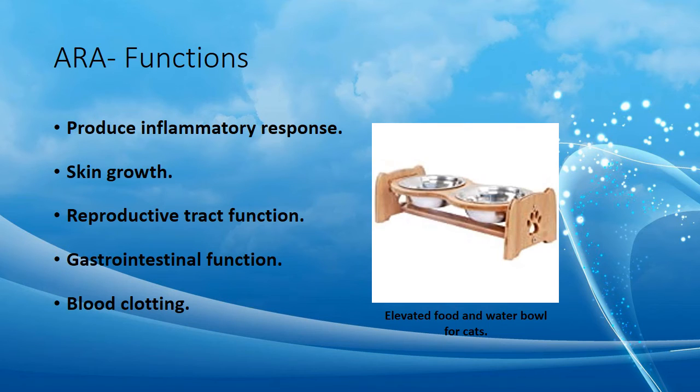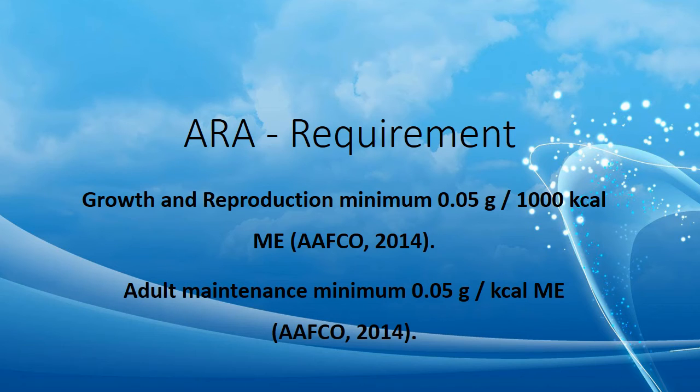Functions of arachidonic acid in cats. It produces inflammatory response, supports skin growth, enhances reproductive tract function, enhances gastrointestinal function and helps blood clotting. Arachidonic acid requirement for cats according to AAFCO 2014: for growth and reproduction, minimum 0.05 gram per 1000 kilocalorie metabolizable energy.